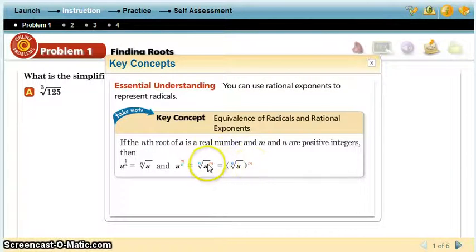So it just depends on how you write it. You could raise the radicand to the power m first and then take the nth root, or you could take the nth root of a and then raise it to the power of m. We're going to look at some examples to help, but these are the general rules for radicals and rational exponents. We're going to apply those here to some examples.